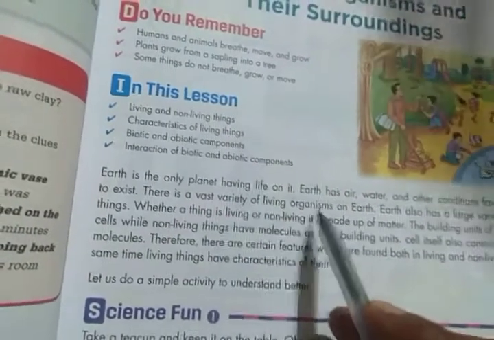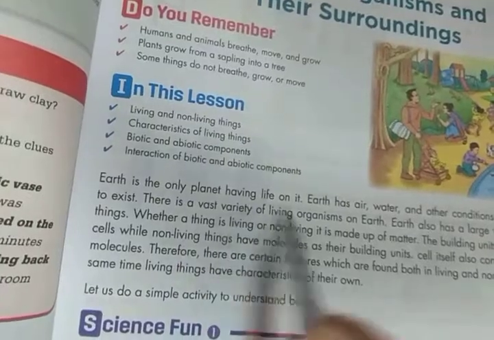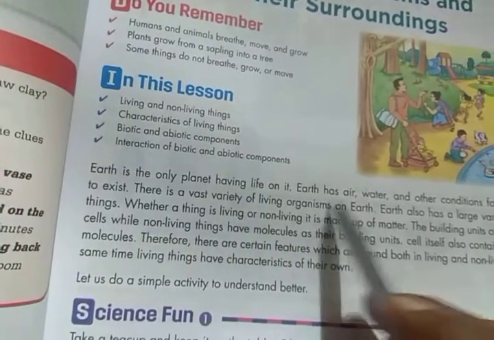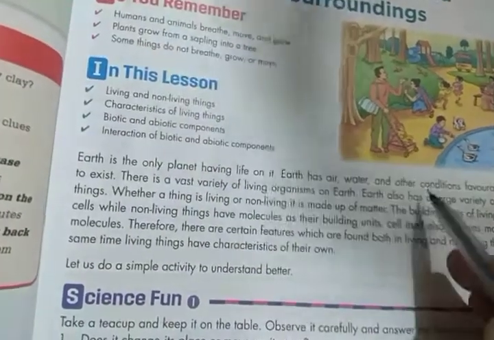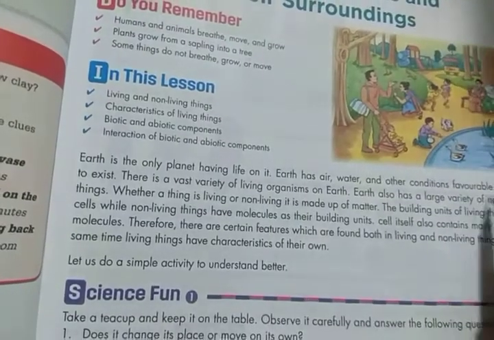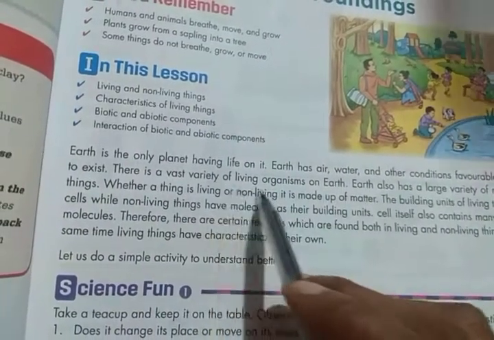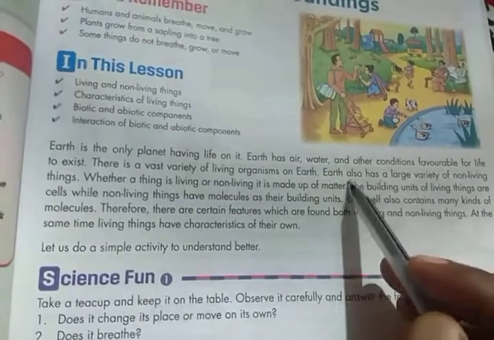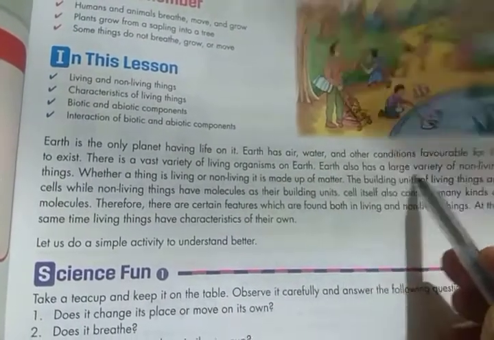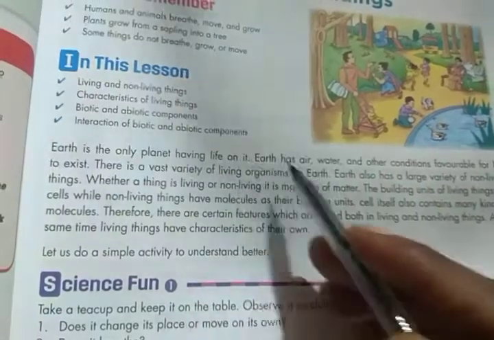We all live on Earth. Earth has air, water and other conditions favorable for life to exist. There is a vast variety of living organisms on Earth. Earth also has a large variety of non-living things.